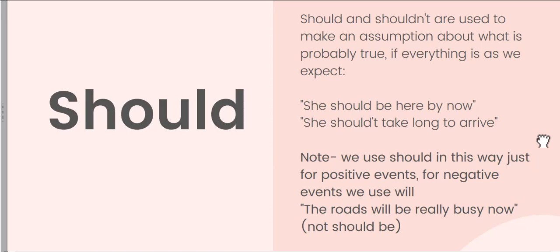So I have a note for you here. We use should in this way just for positive events or negative events. We use will. So I hope you have a good idea about will and should. Also, you can make suggestions by using should.